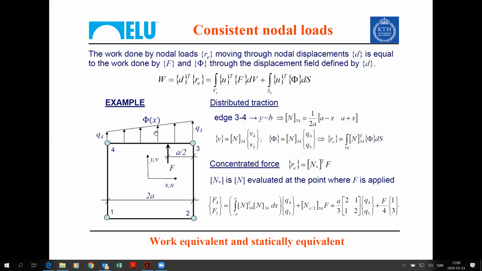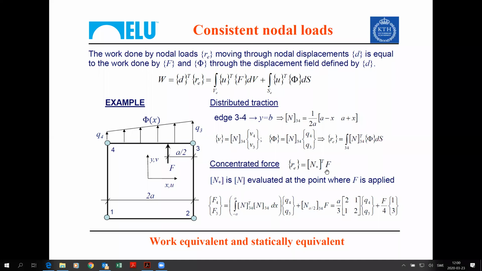We can assume a linear variation for phi, or we can take a constant, or we can take a parabolic, whatever. If we take a linear variation, then we can use N34 to interpolate phi between Q4 and Q3. And then we will end up with a vector of consistent nodal loadings as an integral on the edge 3-4 of N34, this one, times phi, which is this one, times ds, which is the infinitesimal element along the edge.